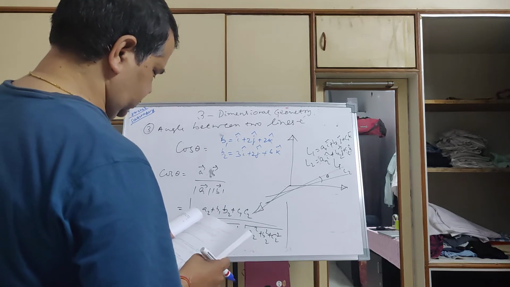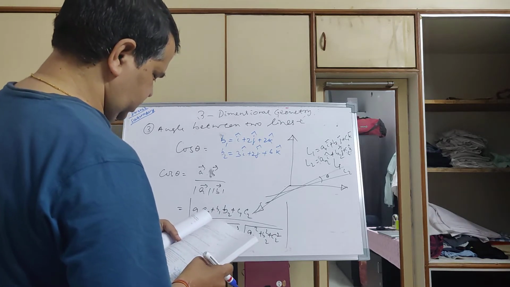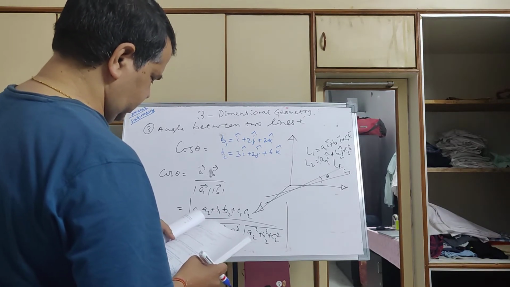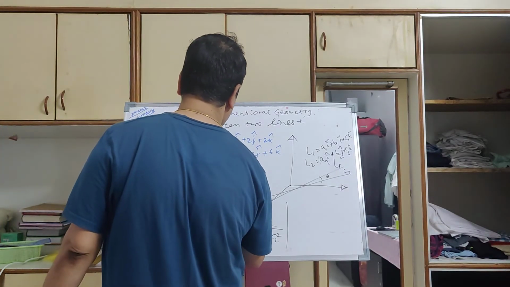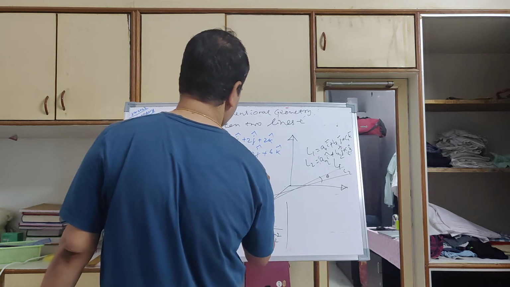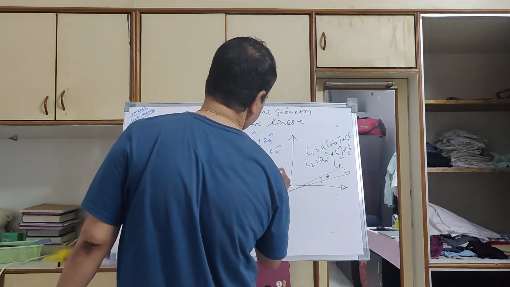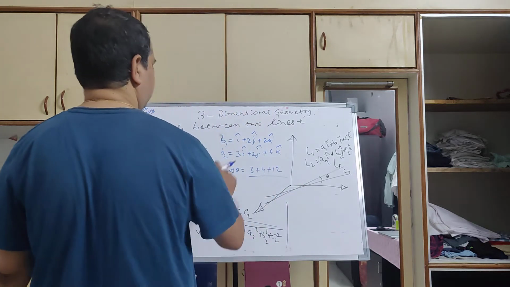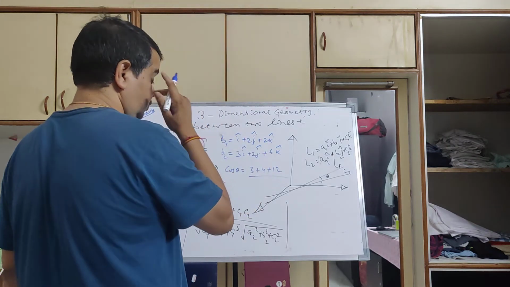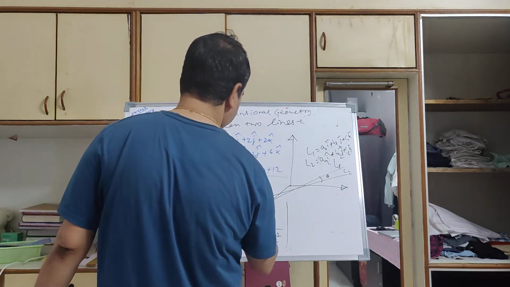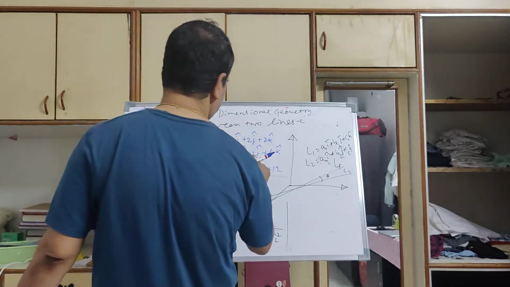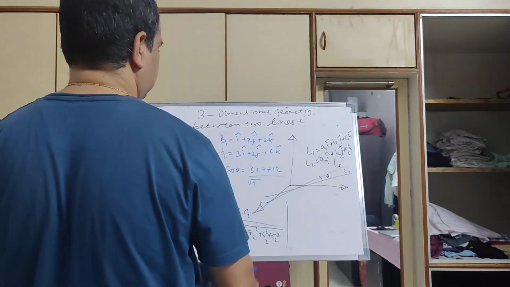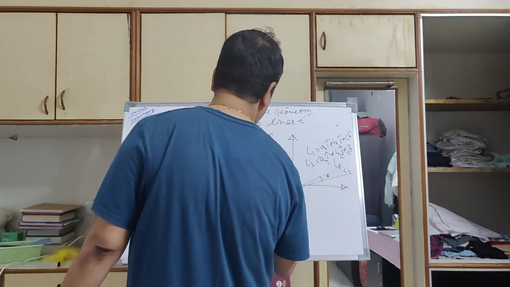So cos theta is equal to 3 plus 4 plus 12. Then 1 square plus 2 square plus 2 square, which is 9, square root of 9. 4 plus 8. Then 3 square is 9, 9 plus 4, 13, 13 plus 36, 49.